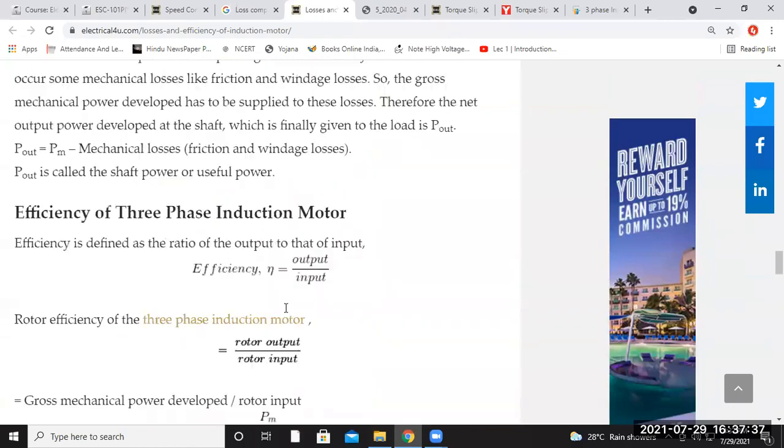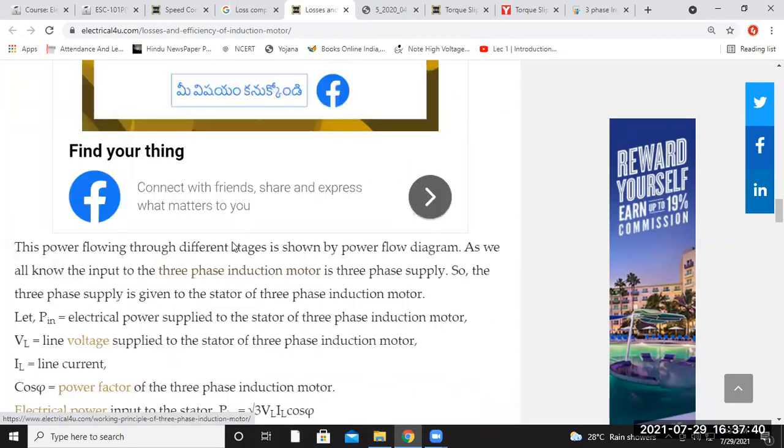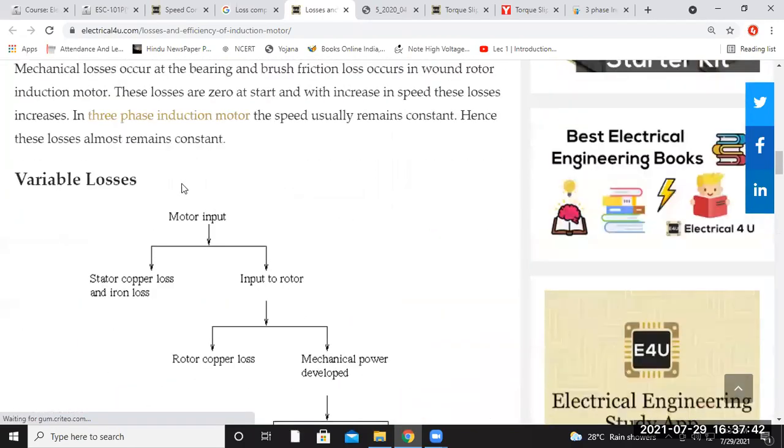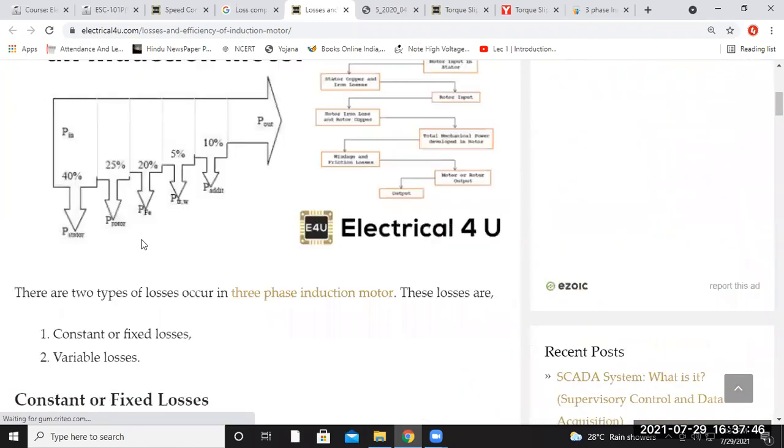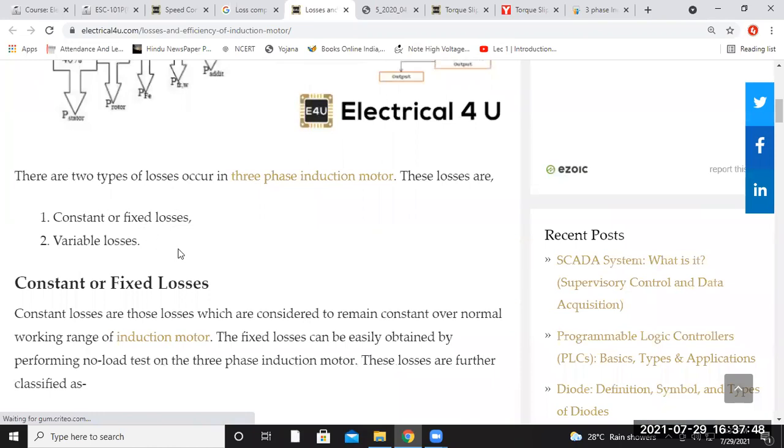The condition of maximum efficiency will be when constant loss, or fixed loss, and variable loss become equal. In that case the machine is said to be working at maximum efficiency.